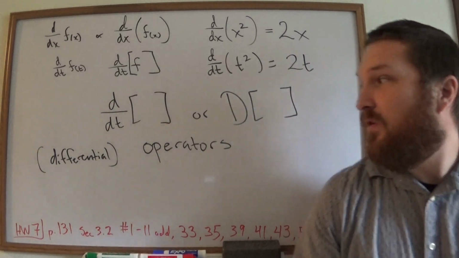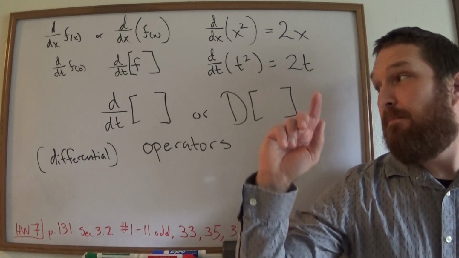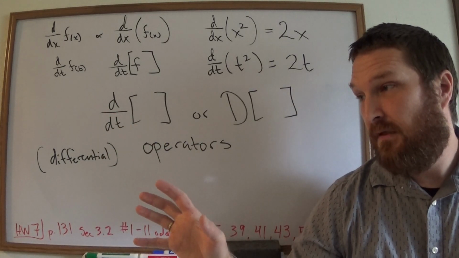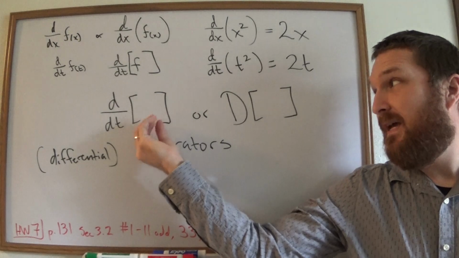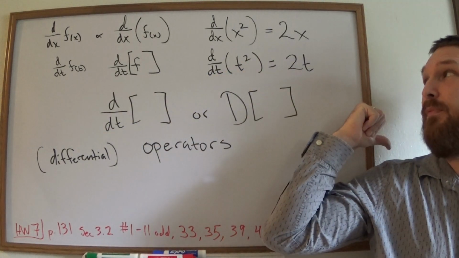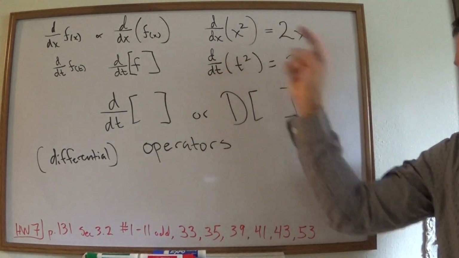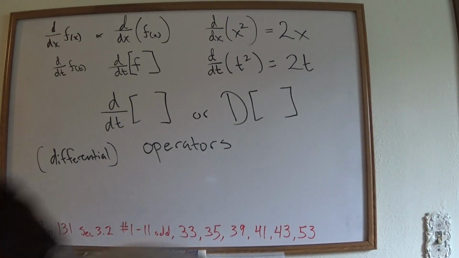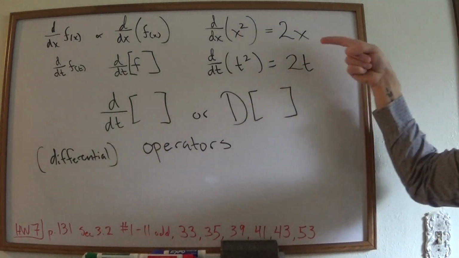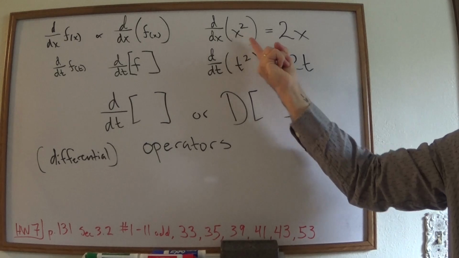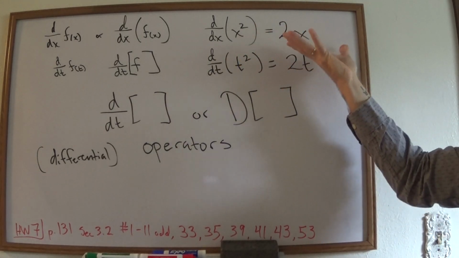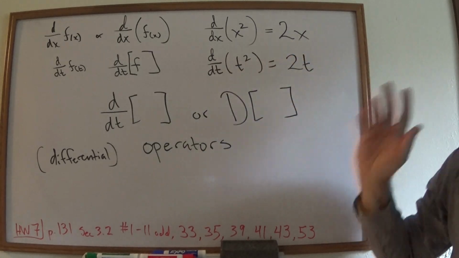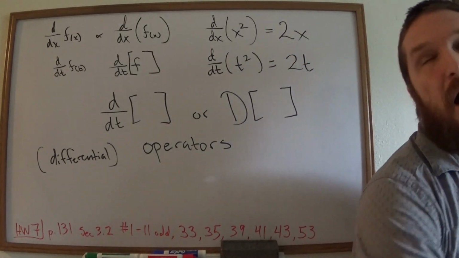But right now, you could think about an operator as a function which takes a function as an input and gives you a function as an output. So this thing right here, d dx, it's a function. And it takes a function as an input. It takes x squared. And what does it give you out? Another function, right? And there's a bit more to it, but that's what an operator is.